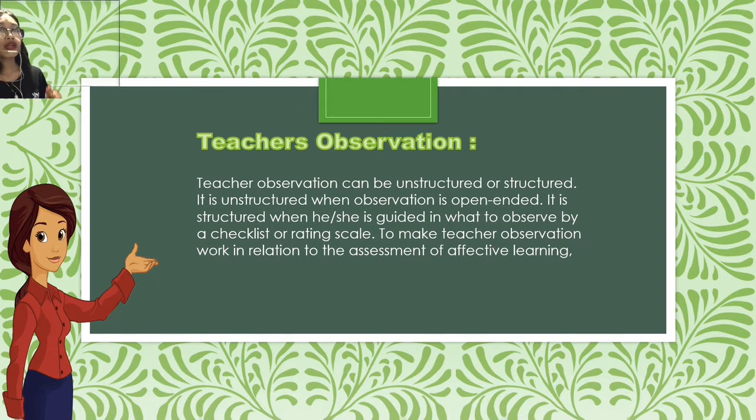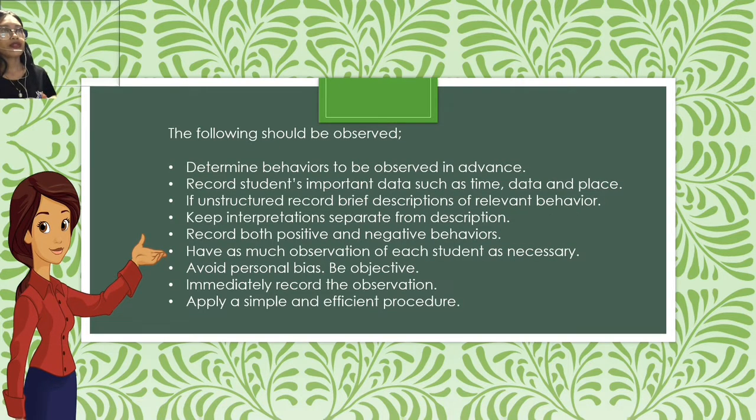To make teacher observation work in the assessment of affective learning, the following should be observed. Determine behaviors to be observed in advance. Record students' important data such as time, date, and place. If unstructured, record brief descriptions of relevant behavior.